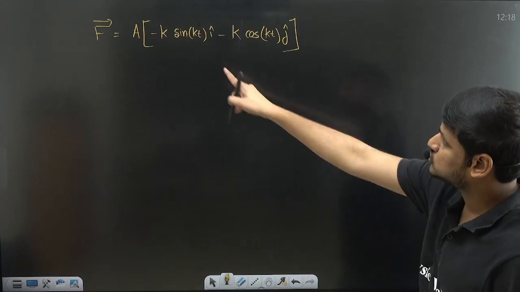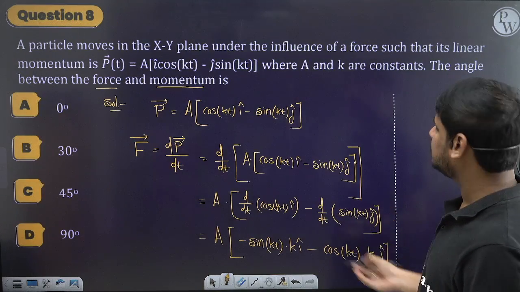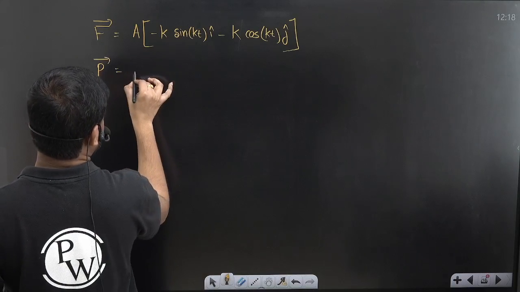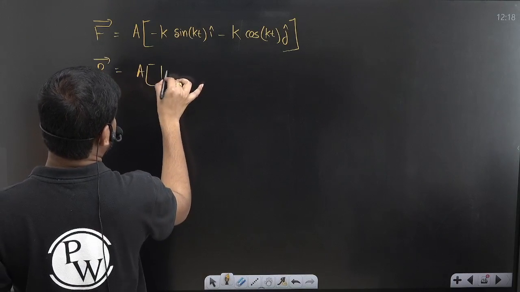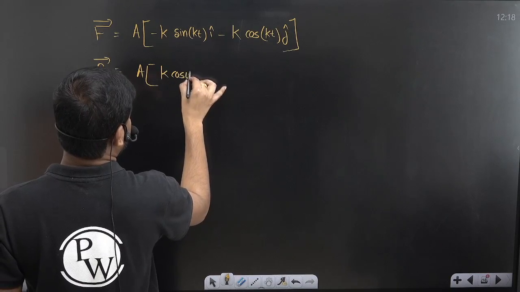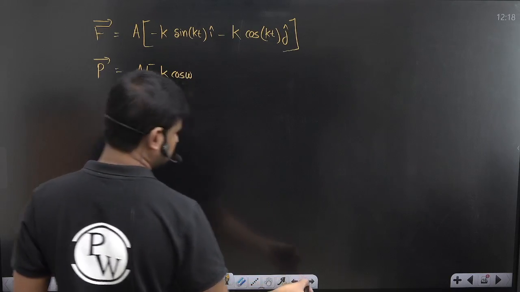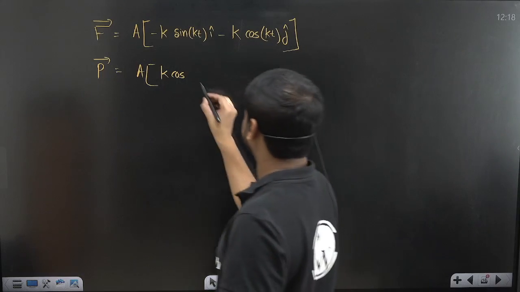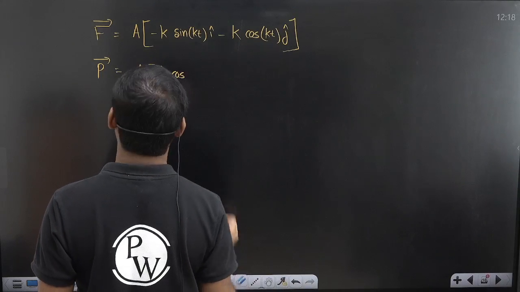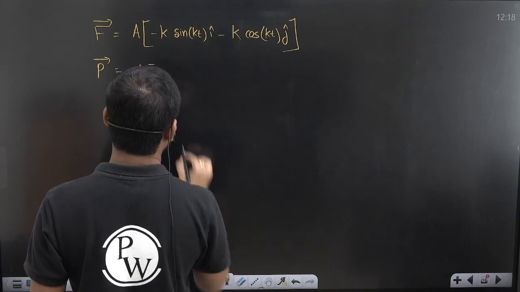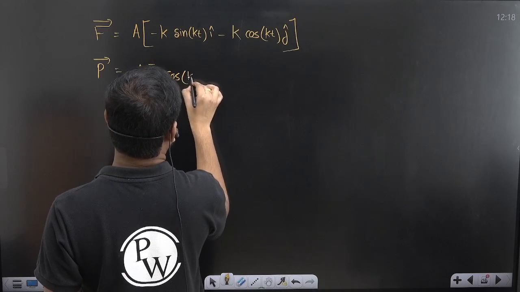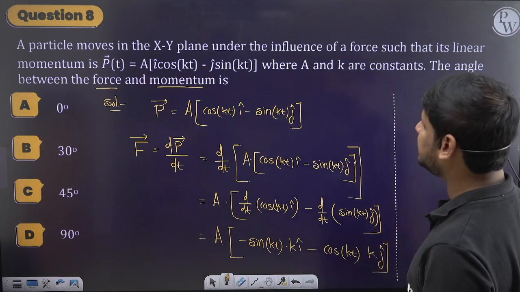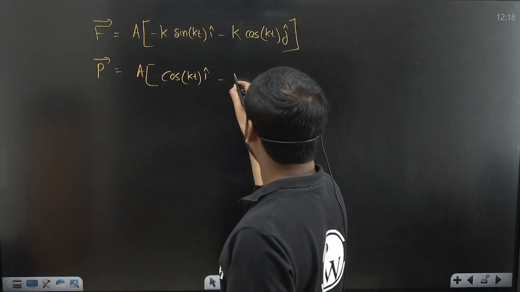So this is the force, and what is the momentum that they gave? The momentum is simply A into cos kt i cap minus sin kt j cap.